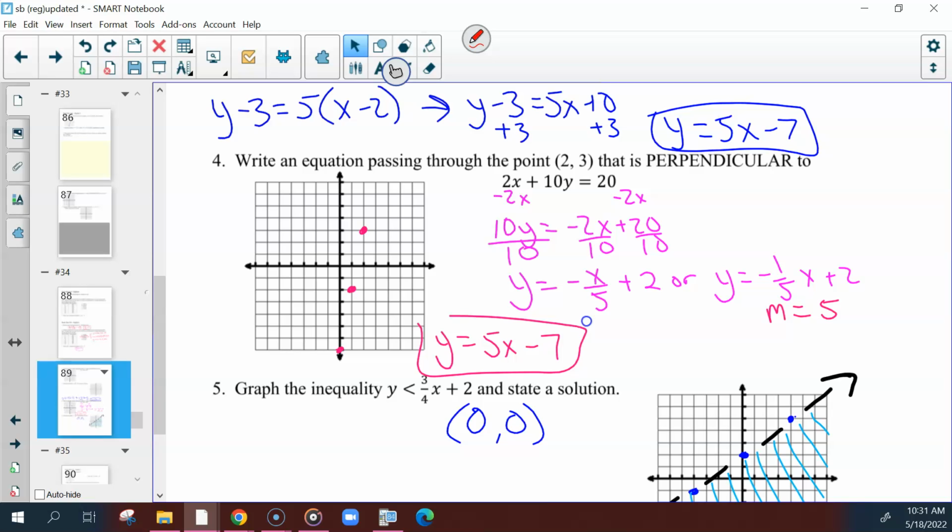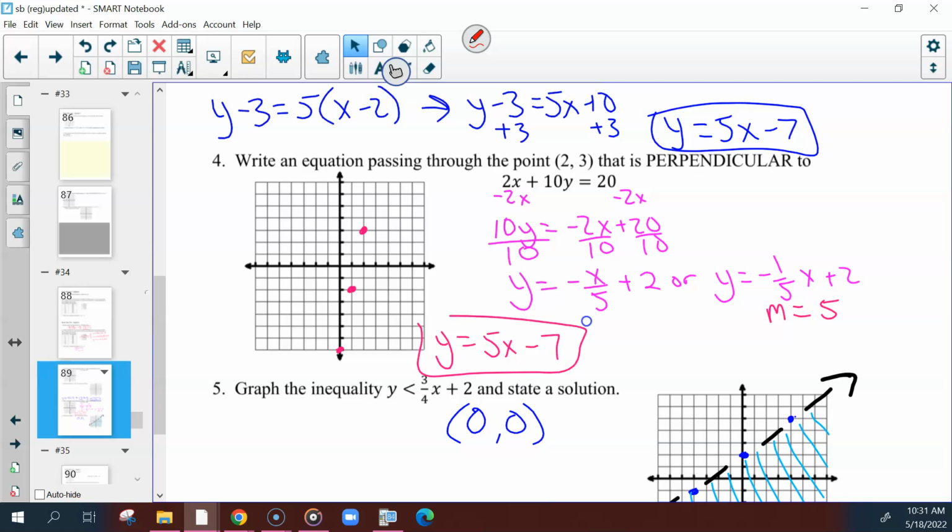And then you could graph this point 2, 3, and then find your slope of 5. So if I go down 5 to the left 1, and I keep doing that, I'll end up at my y-intercept of negative 7. And my equation would be y equals 5x minus 7.